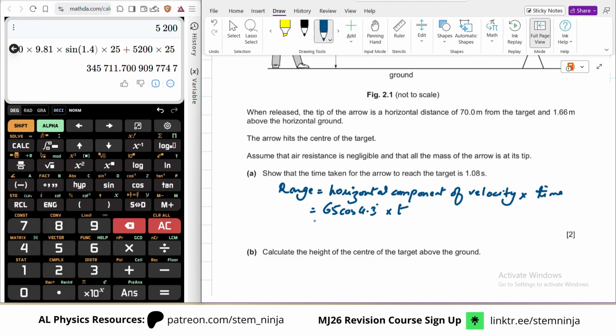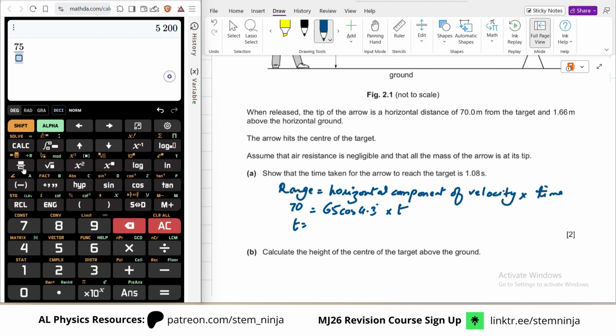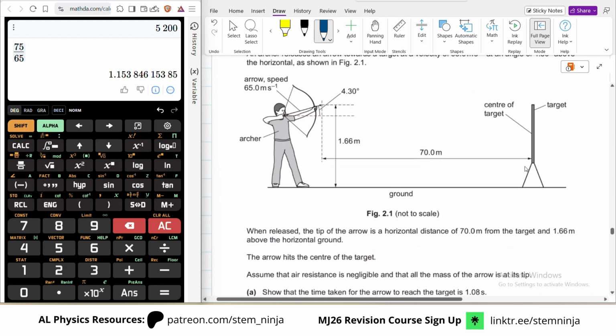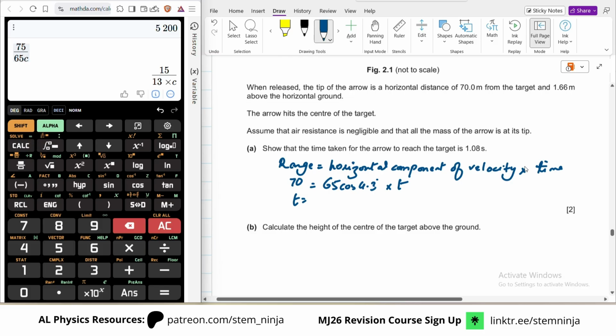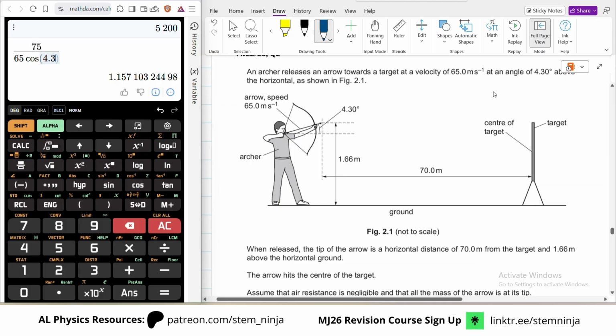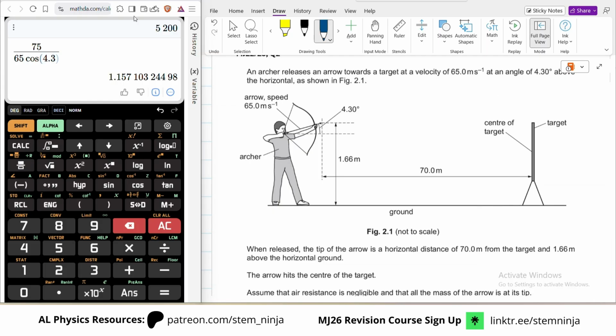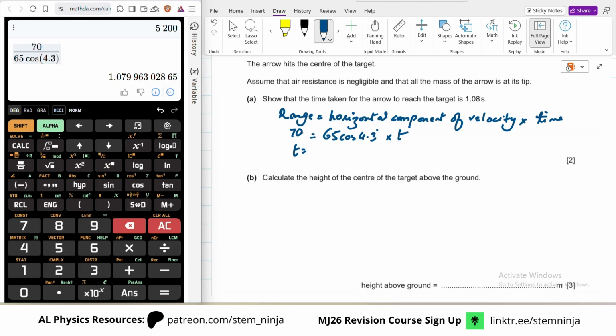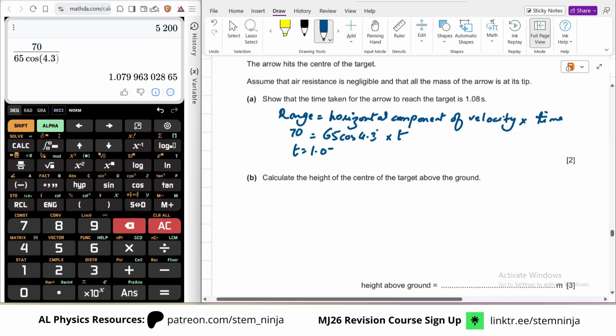The range they gave us was 70 meters. So time would be 70 divided by 65 cos 4.3 degrees. Sorry, this was 70, my bad. 1.079, so basically 1.08 seconds.